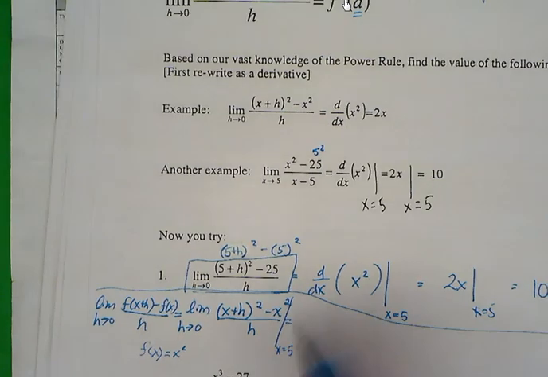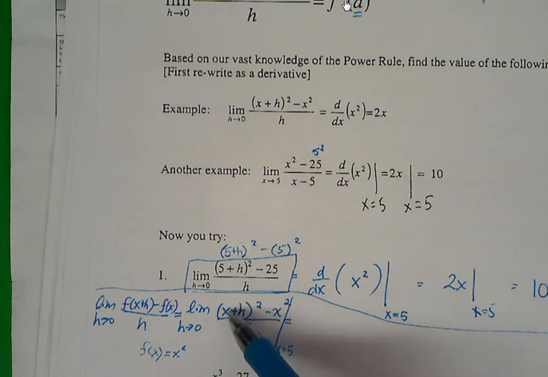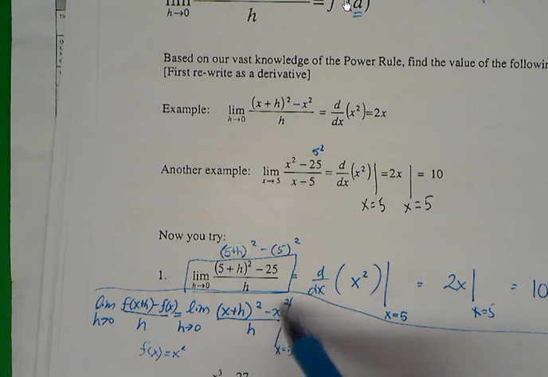Now, how did I know that x is 5 though? Because this x became 5, and plus 25 is 5 squared. So those two clues tell me that this limit is being evaluated at x equals 5.